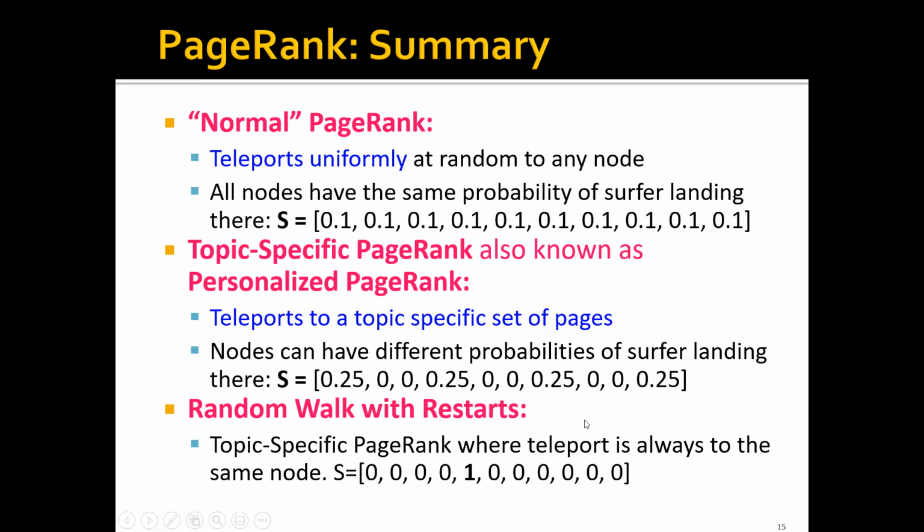And we also talked about random walk with restarts, which is the SimRank that we just introduced. This is no more than just a topic-specific PageRank where the teleport set is always one single node, and it's always teleported to the same node.